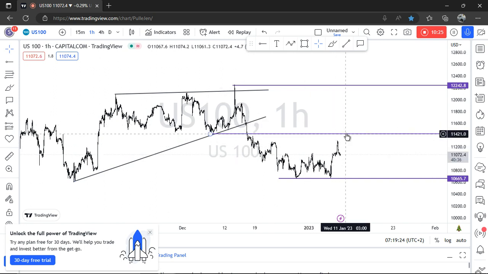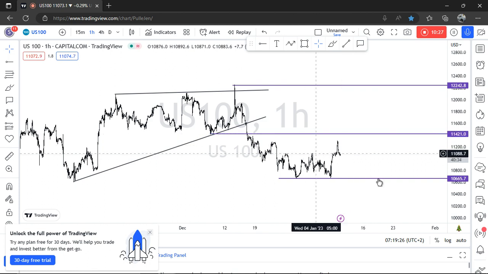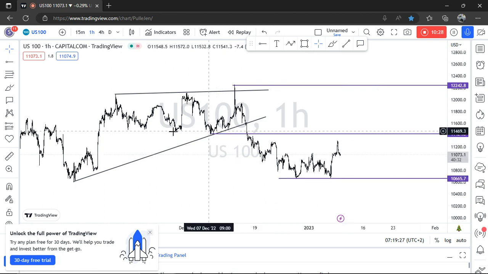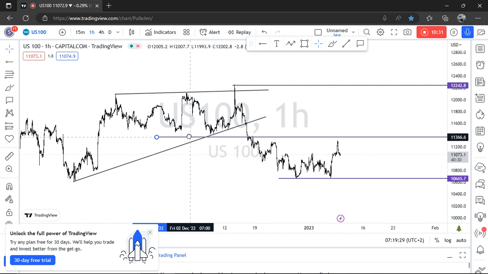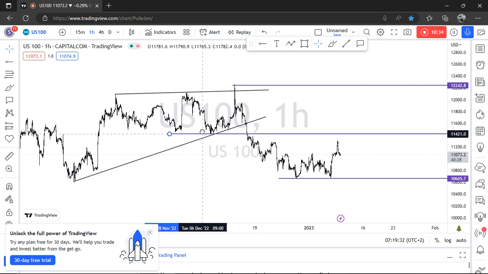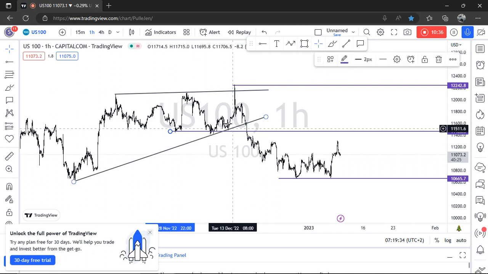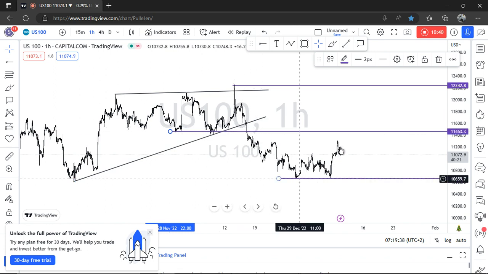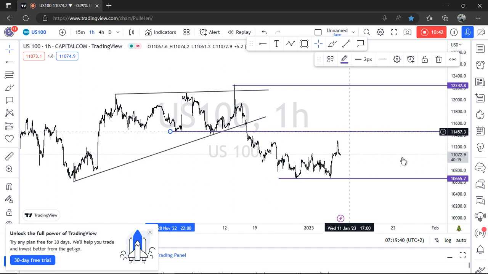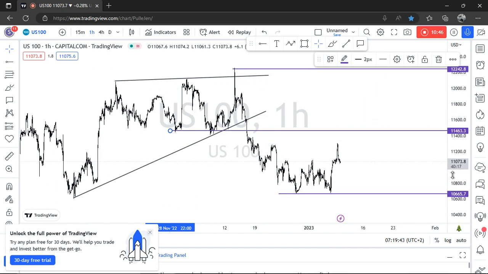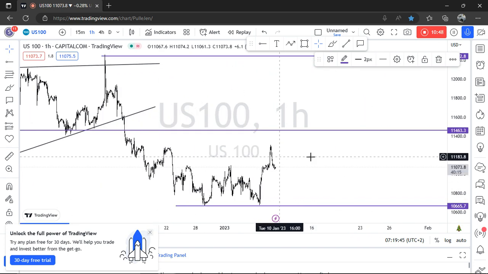This is another support for me because you can see price broke out here and it looks like price was trying to come here but it failed. I don't know why. And you can see here it's sort of some kind of support area because price obeyed this area and then broke out of it.